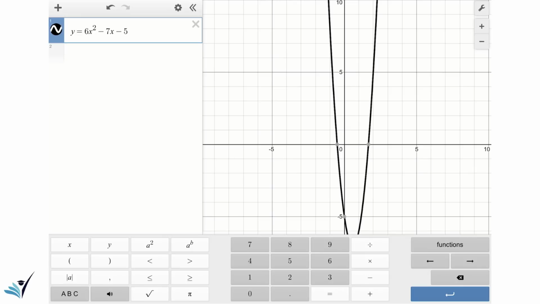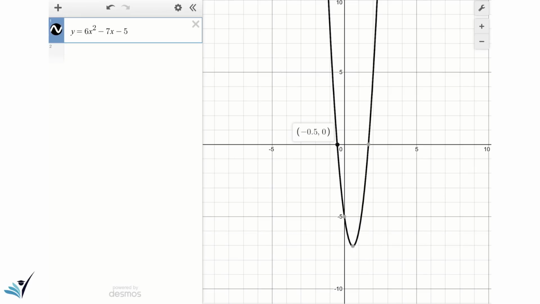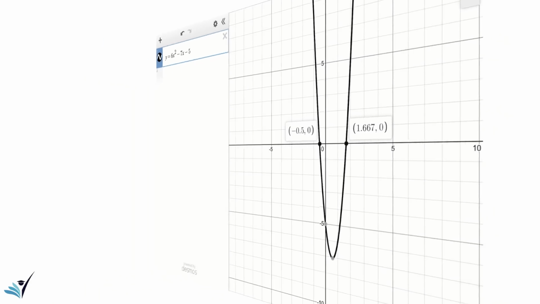And you see, similar to the previous example, this parabola also has two distinct roots, and the roots are x equals negative 0.5 and x equals 1.667. Let's go back to our notes and use factoring to calculate these roots.